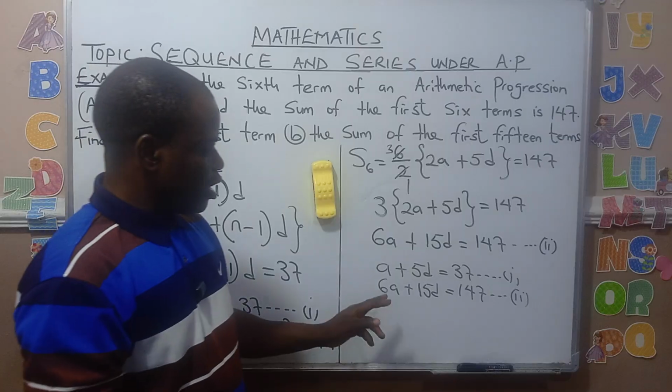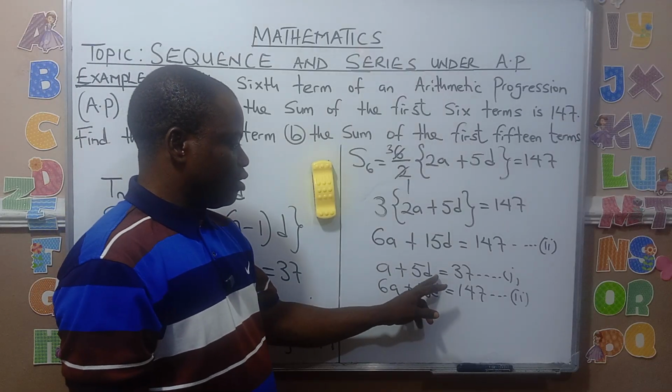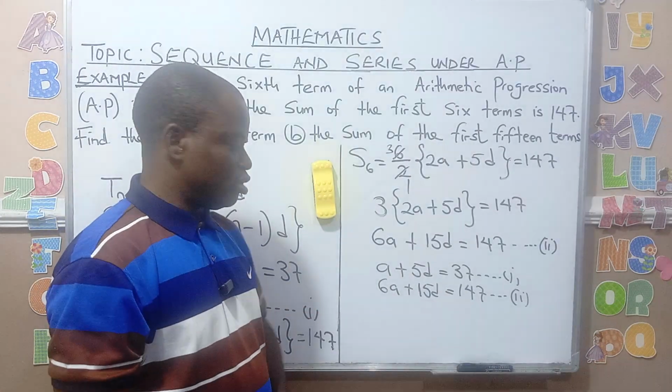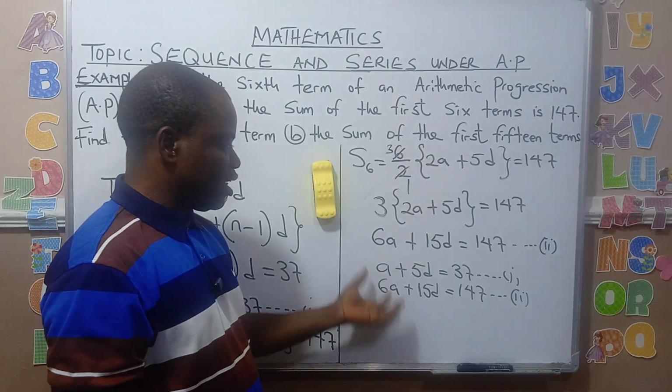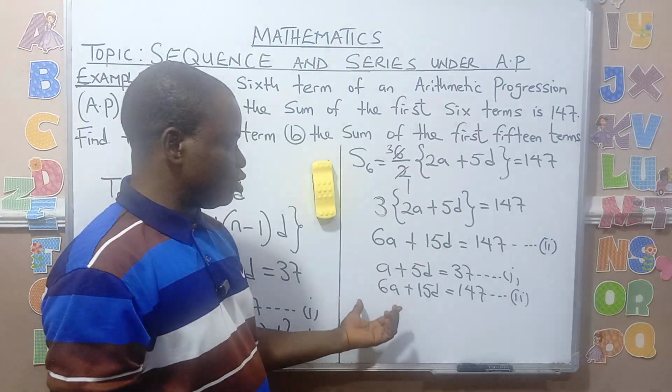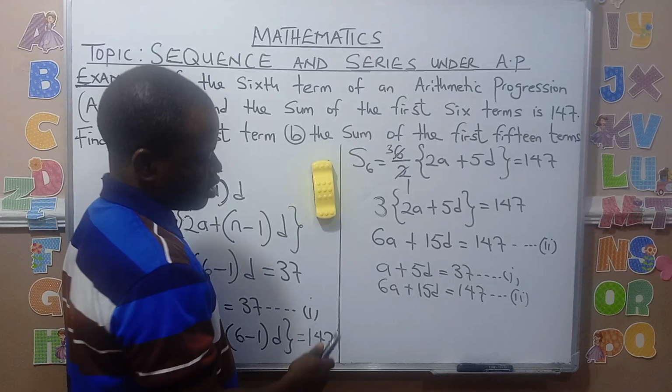What we need to do is make either letter A or letter D cancel out. You want to eliminate one of the letters. How do you do that?